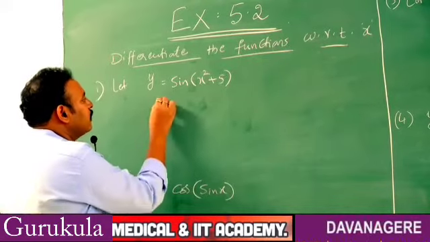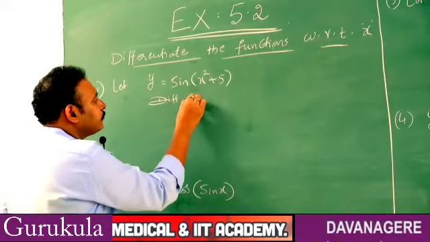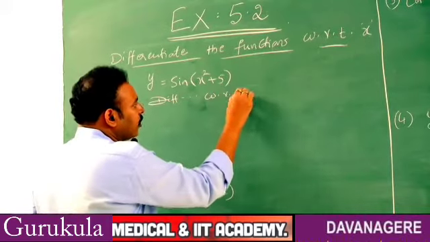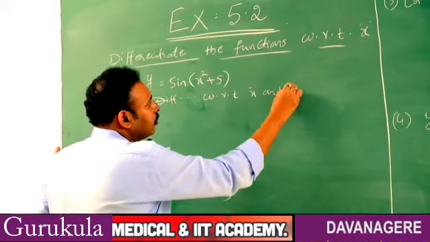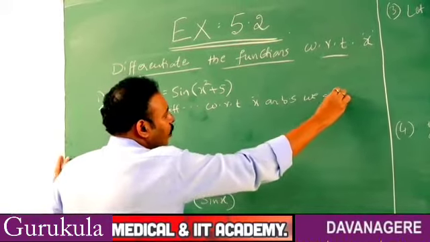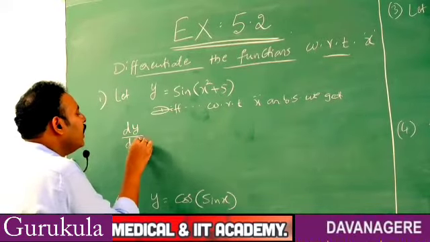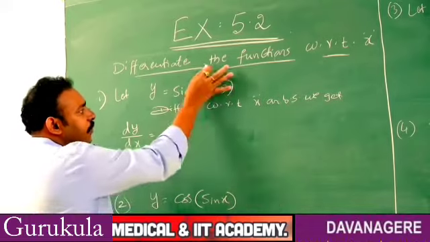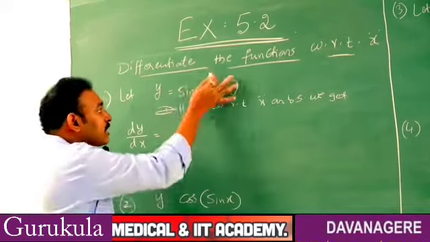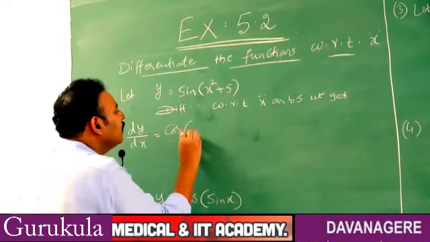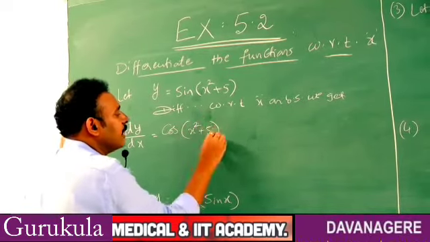You see, students, differentiate with respect to x on both sides, we get dy by dx is equal to, sin x derivative is cos x, students.